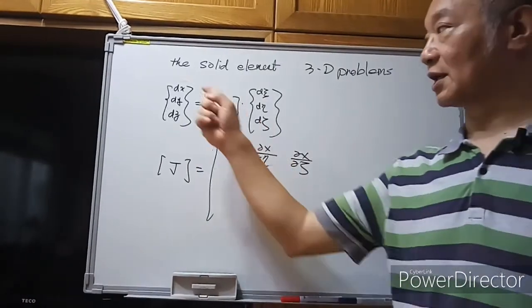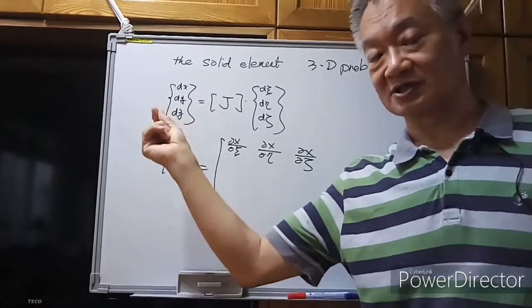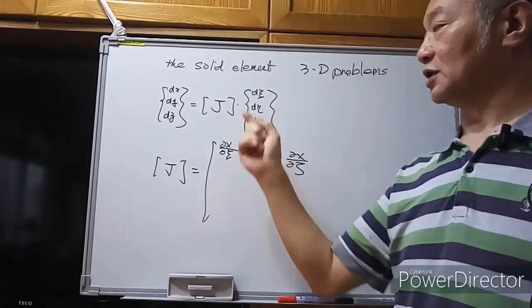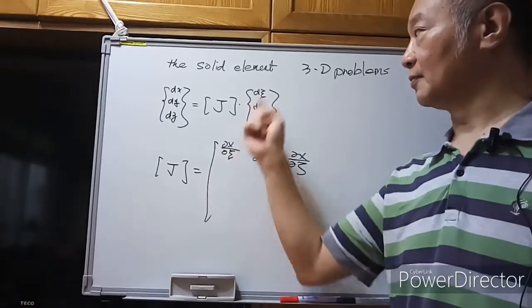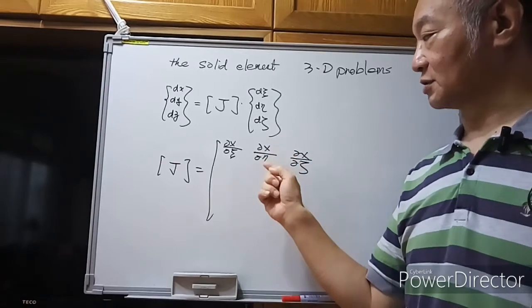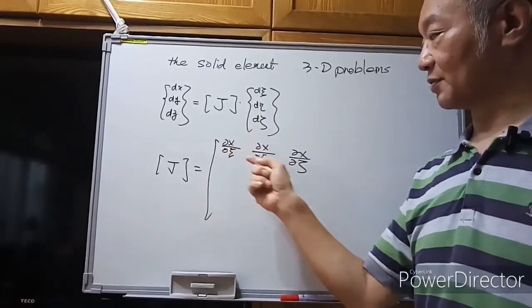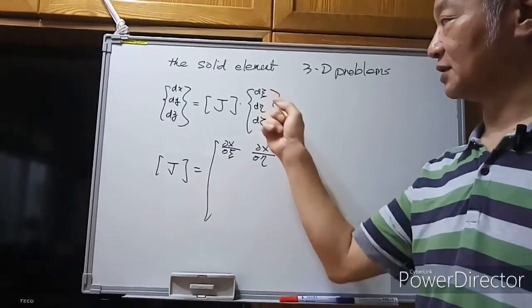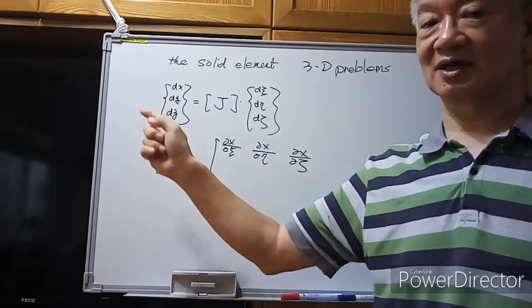So if we would like to study the change of the x functions, then we need to multiply the partial x partial xi times d xi, plus partial x partial eta times d eta, plus partial x partial zeta times d zeta. Then we can get the dx.